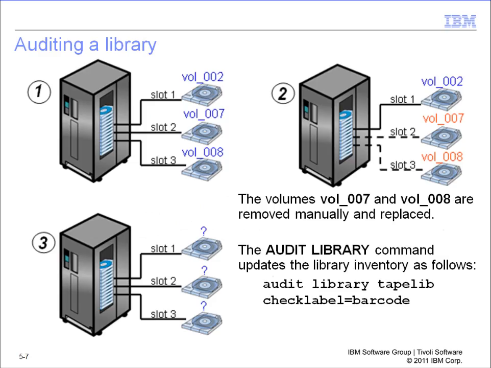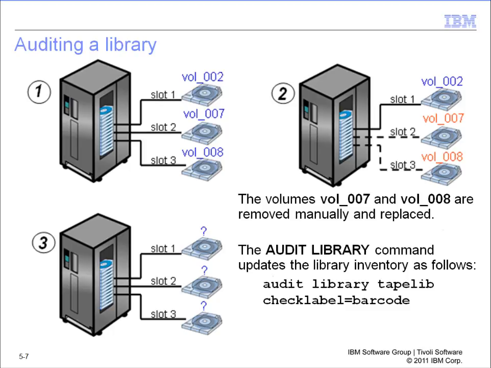Occasionally you might need to audit your library. Be careful when you do this because it does take a lot of time and resources. If you need to take a tape out or move a tape in your library, which is not something you would normally do, moving tapes within the library, you'd need to run audit library. This is because you have reorganized the way things are in your library, and TSM needs to know where everything is.